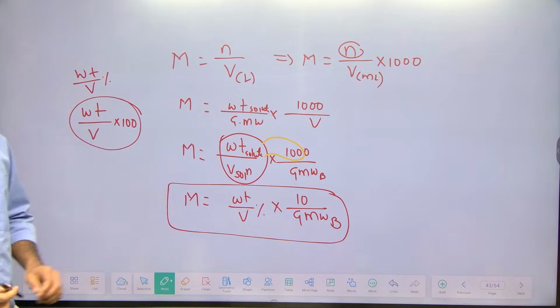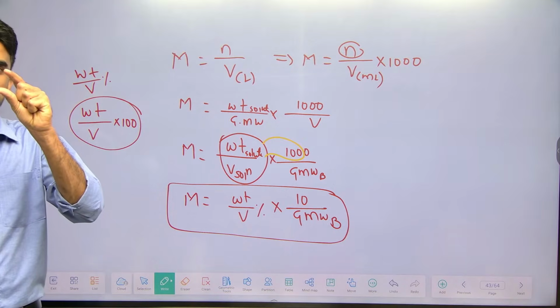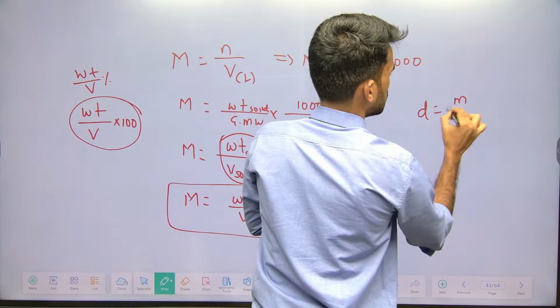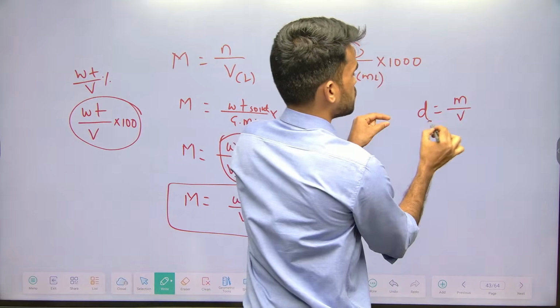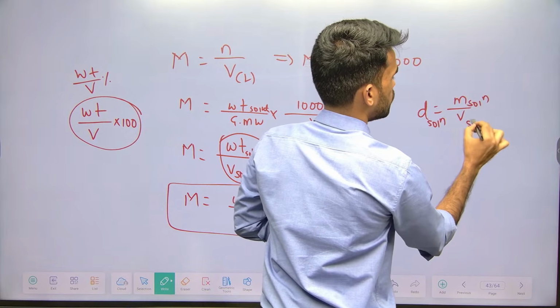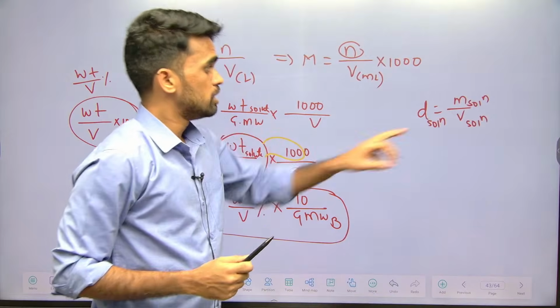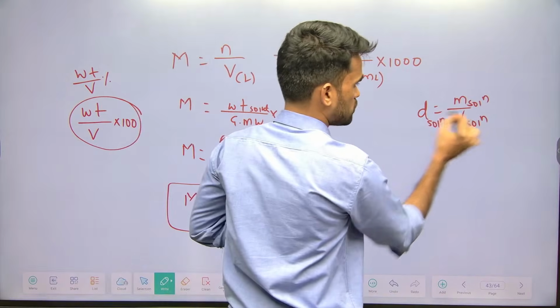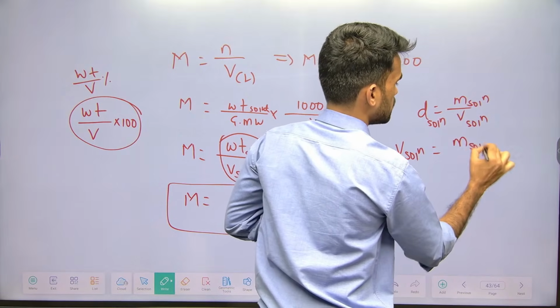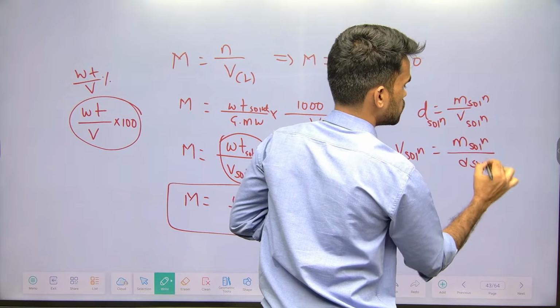Next, you have that very basic formula in physics. What is that? Density equals mass by volume. So density of solution means mass of solution by volume of solution. In the place of volume of solution, I can write mass of solution by density of solution.